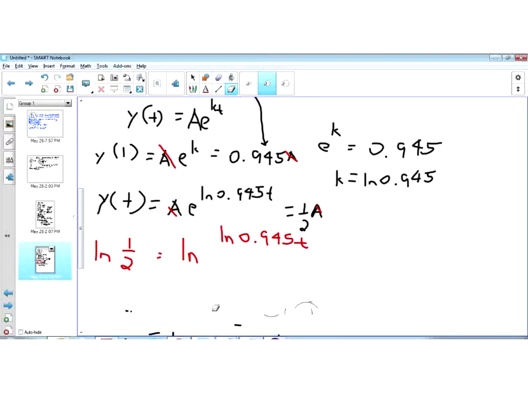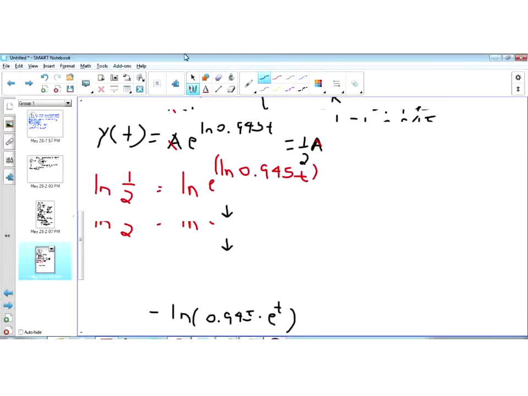So this equation is okay. Let's see here, the natural log of e. Okay, so that's the exponent. So now we use the inverse function. Oh yeah, okay, now I see what's going on.